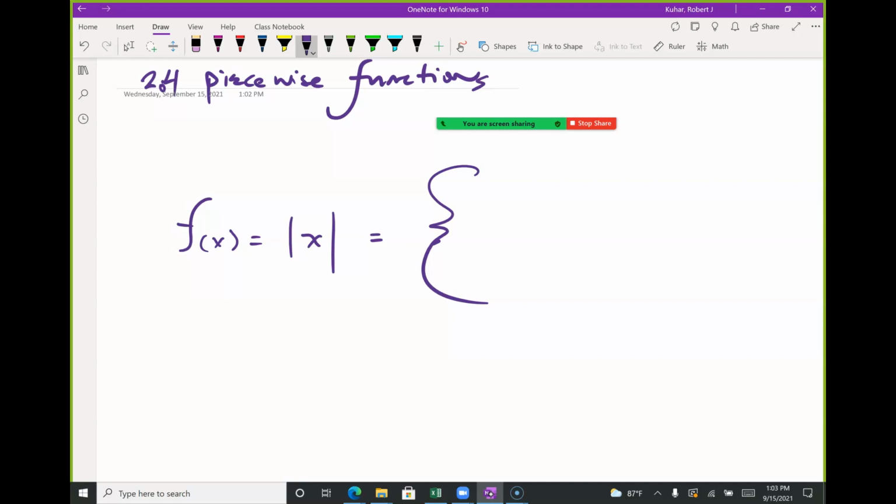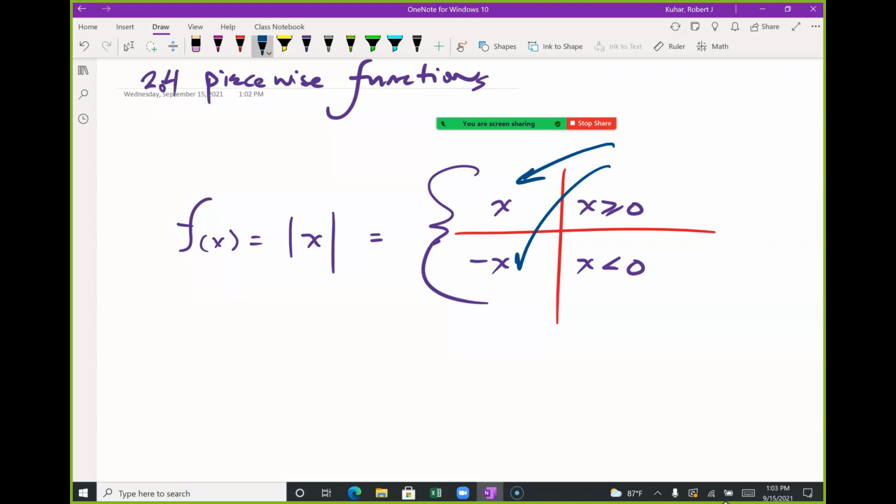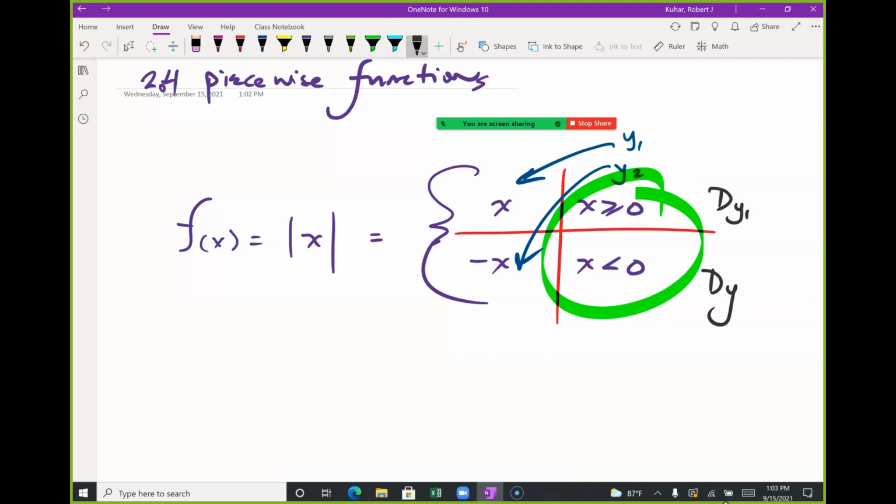So I'm going to have a function of x on a domain of x is greater than 0, and a function of the opposite of x on the domain of x is less than 0. And so this is a two-piece function, right? I'm always talking about my function pieces, so y1, y2, and then their domains. Those stacked left pieces are the machines.